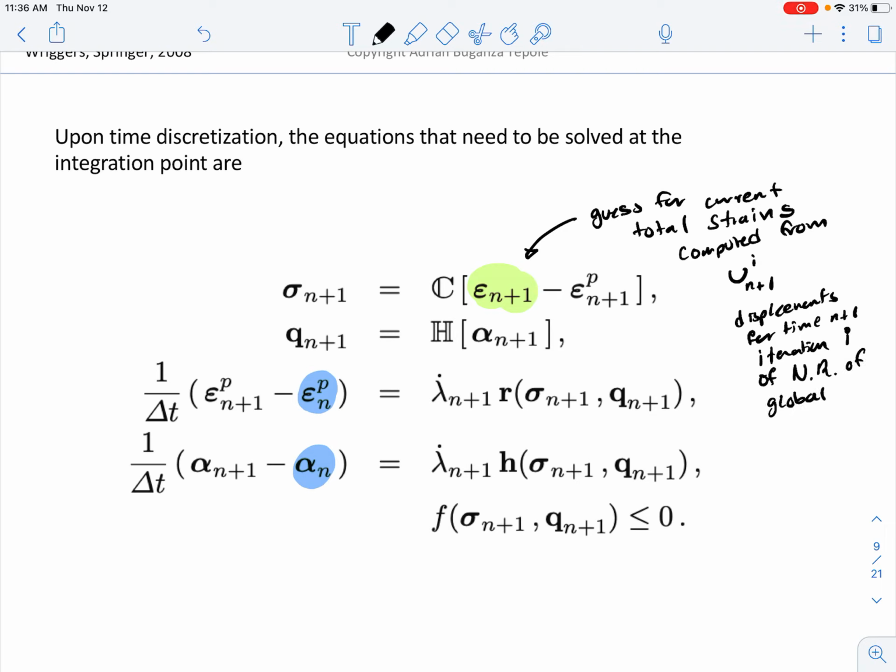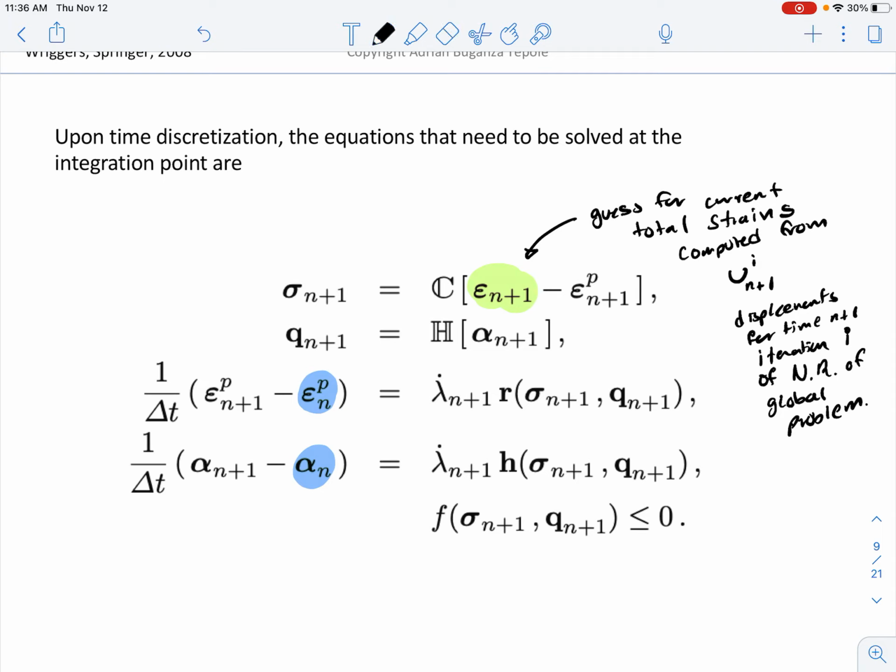Of the global problem. So again, if you think back about the problem that you were doing for the homework 5, then you had a Newton-Raphson, right? Where at every iteration of the Newton-Raphson, you were computing some global displacements, evaluating the residual, evaluating the tangent, and then iterating until you got that displacement that satisfied, that led to a stress that satisfied the equilibrium, the static equilibrium.